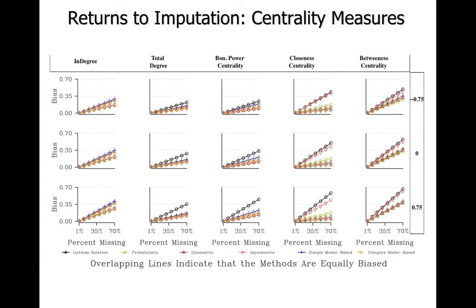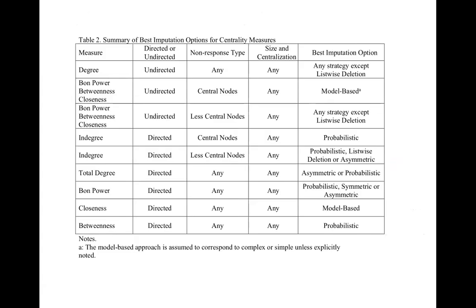The answer is, this is really centrality measures, but very similar with other types of measures, that yes, listwise deletion is almost always the worst, and the returns to imputation can be quite large, especially if you use the right approach for the right measure and the right scenario. But almost in every case, it's better to do something other than listwise deletion. And this is a little summary of, for centrality, what is the best imputation approach. It varies scenario to scenario, but it's very rarely listwise deletion.